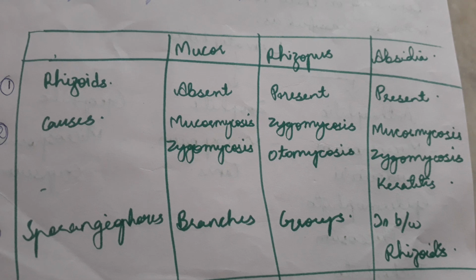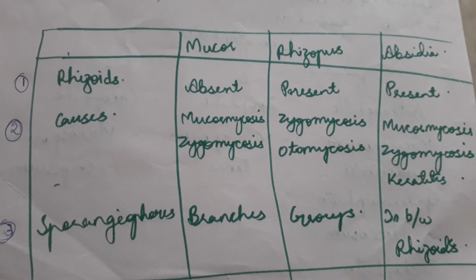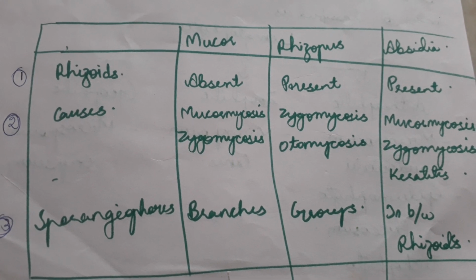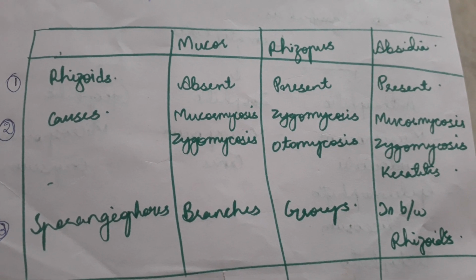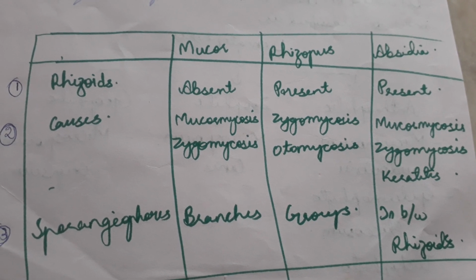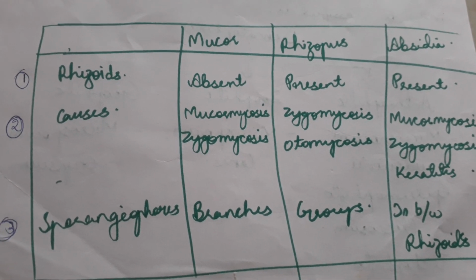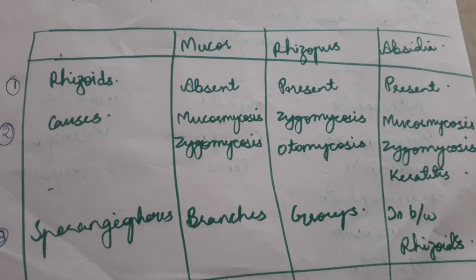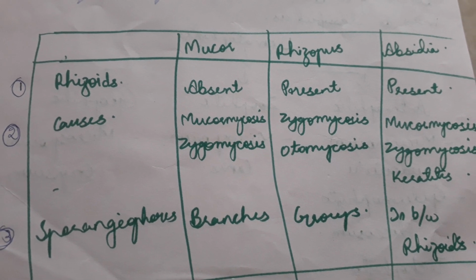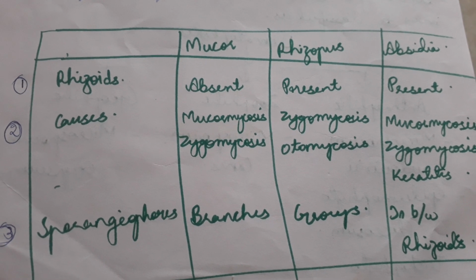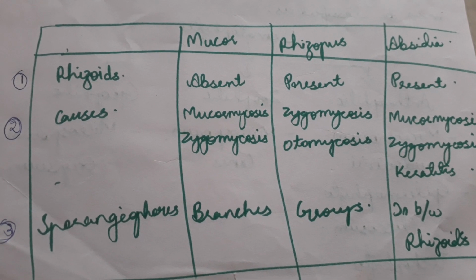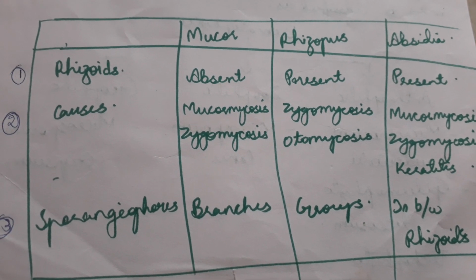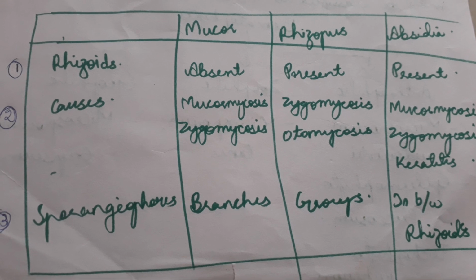Coming to the differences between Mucor, Rhizopus and Absidia, the characteristic features are rhizoids, causes and sporangiophores. Rhizoids are absent in Mucor, whereas present in Rhizopus and Absidia. Zygomycosis is caused by all three genera, and mucormycosis only by Mucor and Absidia, whereas Rhizopus causes otomycosis and Absidia also causes keratitis.